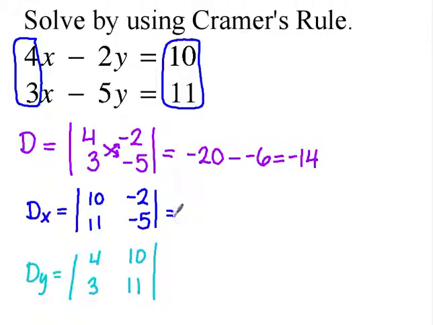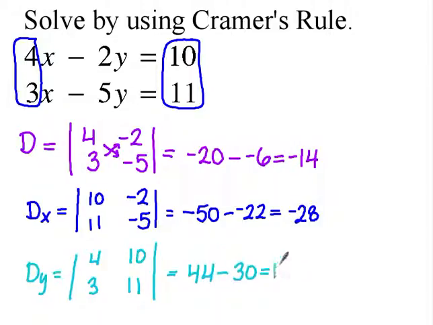All right, let's look at Dx. Negative 50 minus negative 22, which is negative 28. Good. And then, last but not least, I get 44 minus 30, which is 14.